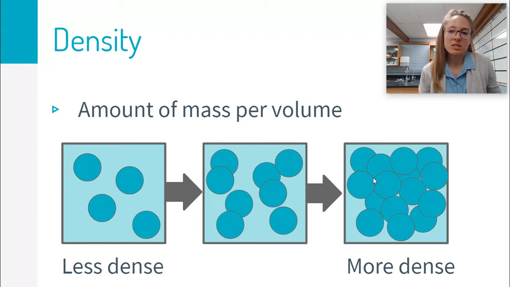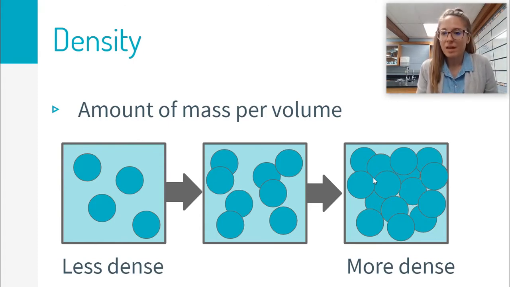The box all the way to the left has only 4 units of mass per that given volume. The next box has 8 per that given volume, and the last one has, I'm not even going to count that, okay? So the box all the way to the left, since it has the least amount of mass per that given volume, that substance is the least dense.